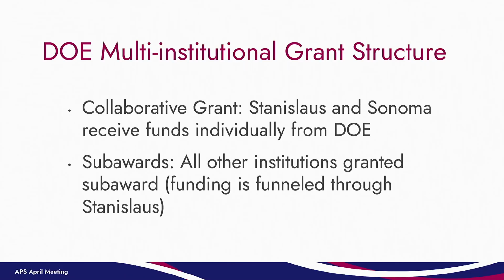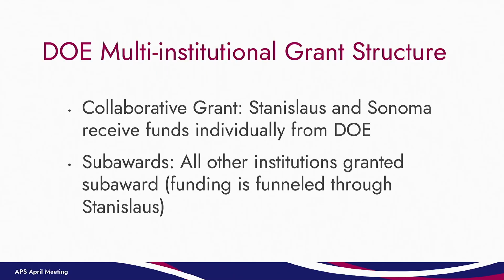complicated. So you could create a grant which is collaborative. In our grant, both Stanislaus and Sonoma State are using this collaborative grant structure where we're each receiving our own pockets of funding. So Sonoma State got some funding, Stanislaus State got some funding. My students, for instance, are all funded specifically by my funding at Sonoma State.